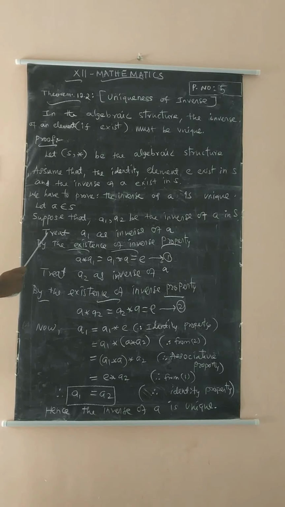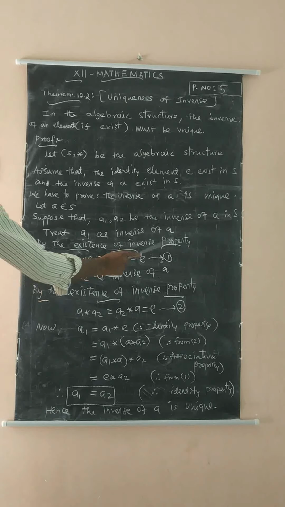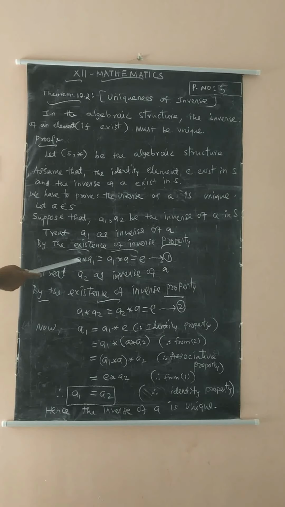Okay, now treat A1 as the inverse of A. By the existence of inverse property, A star A1 is equal to A1 star A, which is equal to E. That is the inverse property. Take it as equation 1.